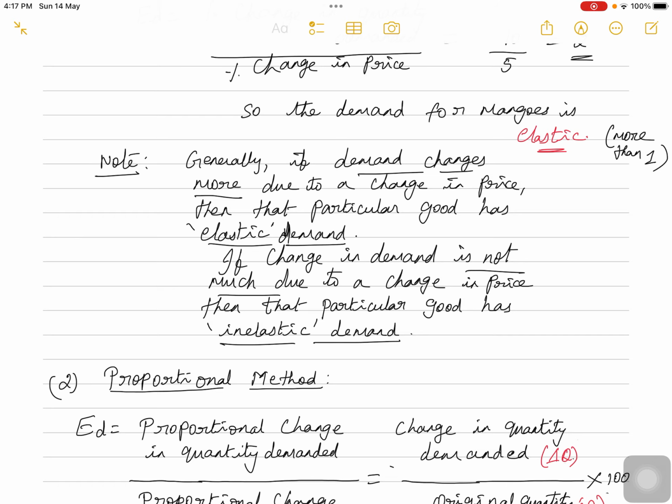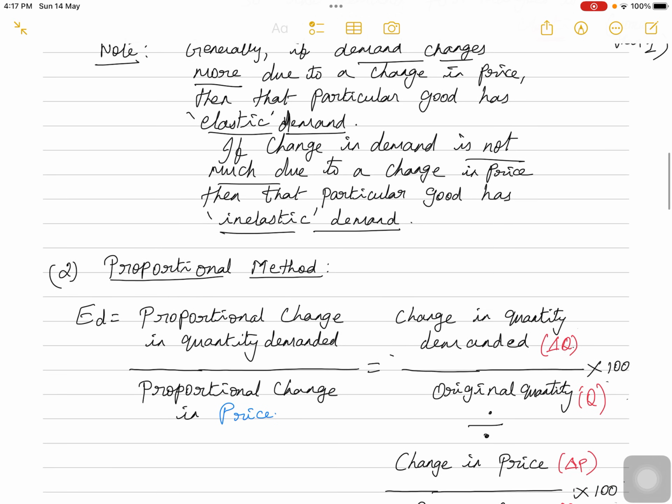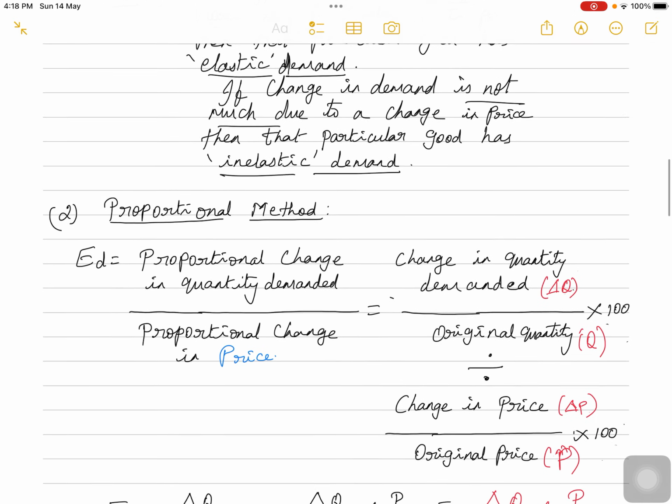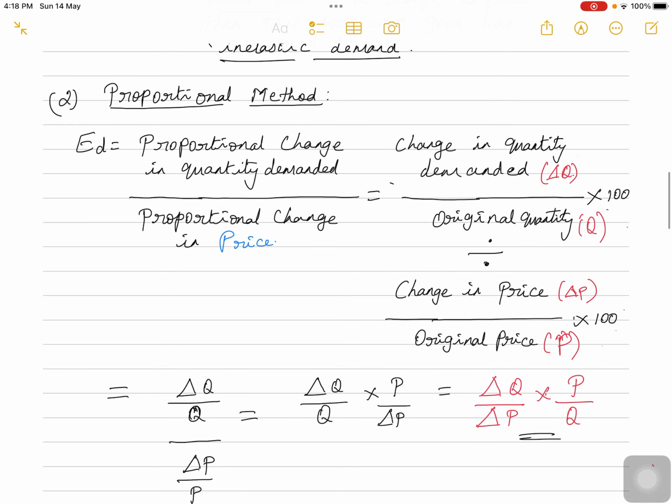The second method of calculation is called the proportional method. Every time you will not have the information percentage-wise. Sometimes it is possible to get the percentage by which price changed and the percentage by which demand changed, but every time it will not be possible.